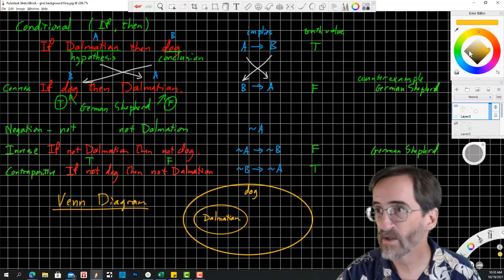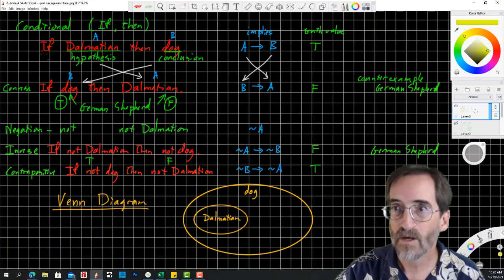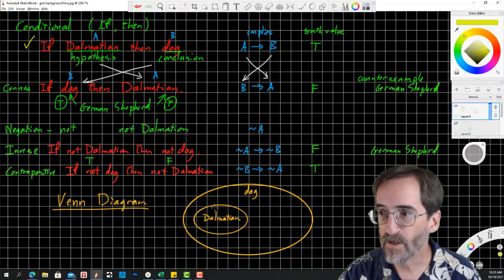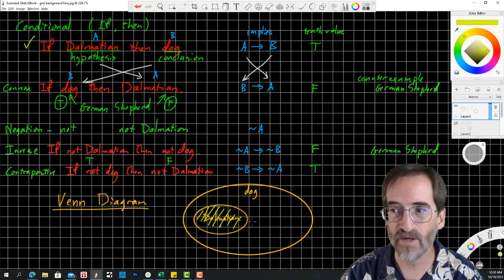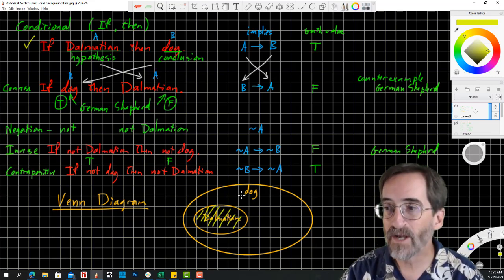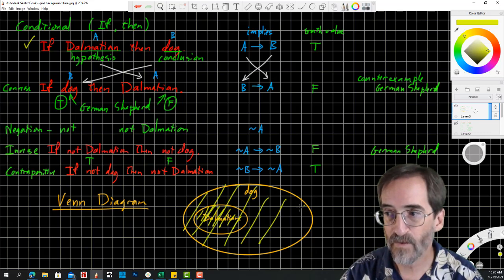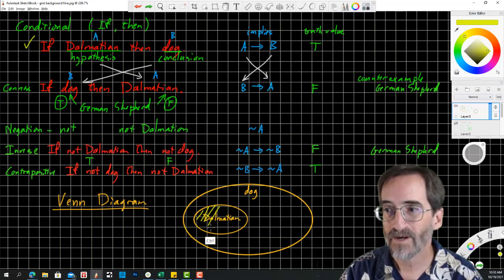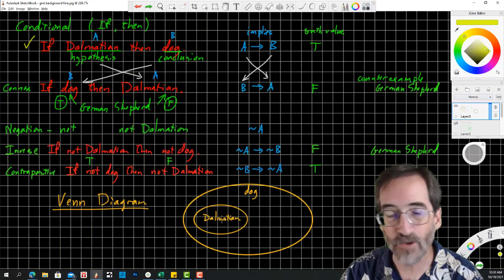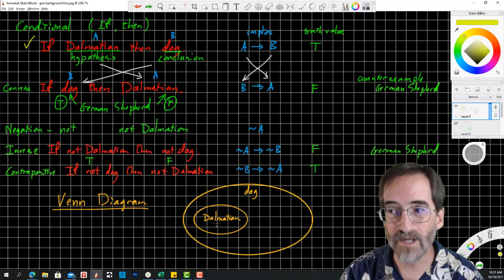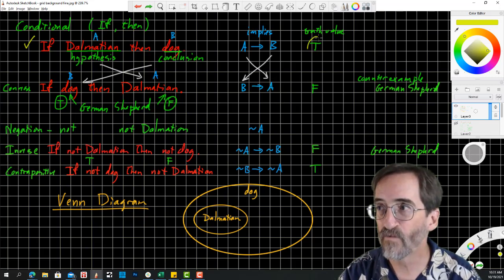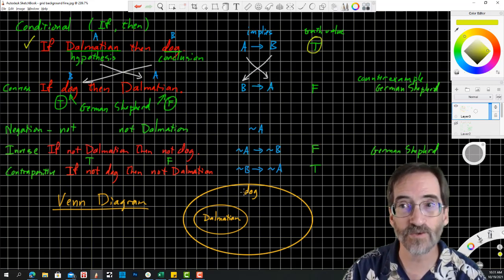For example, statement number 1: if I'm inside the Dalmatian circle, am I necessarily in the dog circle? Is being in the Dalmatian circle being in the dog circle? It's like saying, if I'm in the bedroom, am I in the house? The bedroom is part of the house, therefore being in the bedroom is being in the house. Being in the Dalmatian set is being in the dog set.